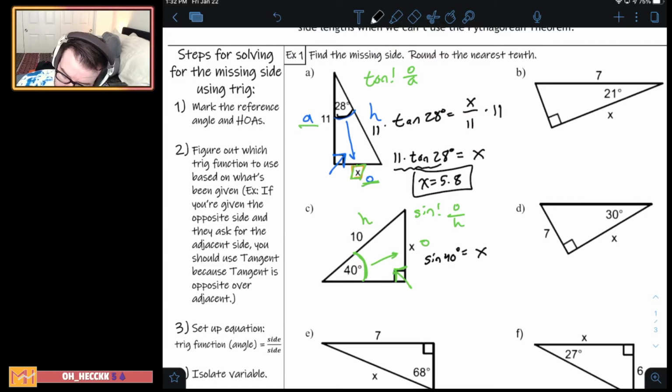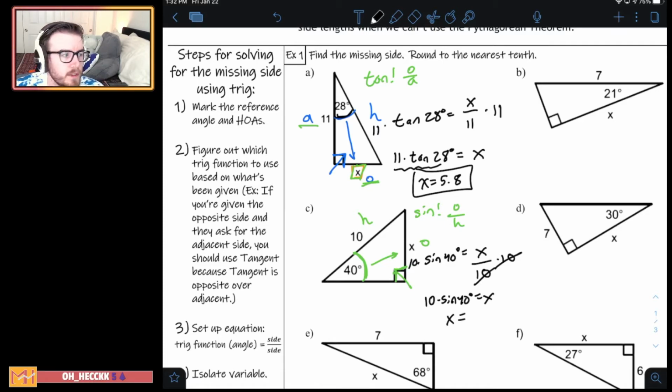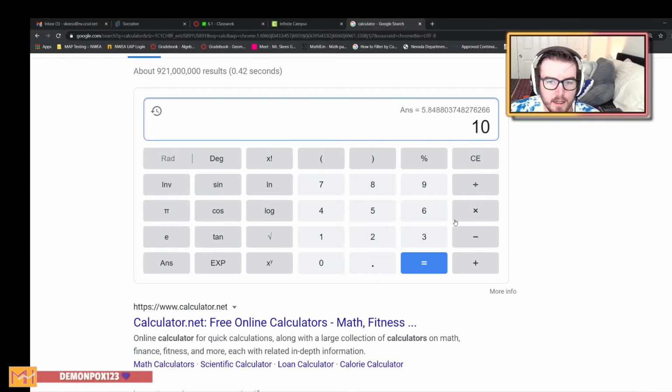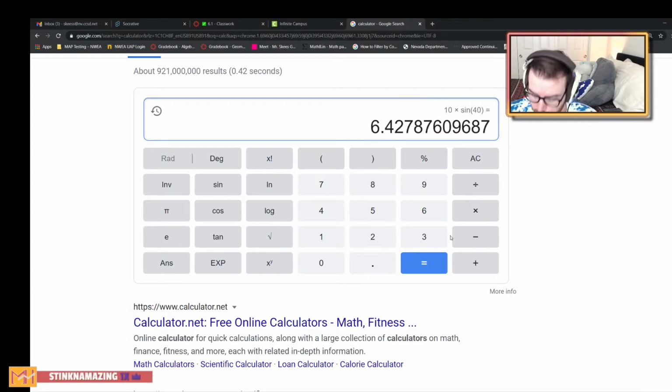We don't know the opposite side, but we know the hypotenuse. And how do we solve for x? We simply multiply by 10 to cancel that out. So 10 times sine of 40 degrees equals x. So x is equal to, back to the calculator, 10 times sine of 40, 6.4.